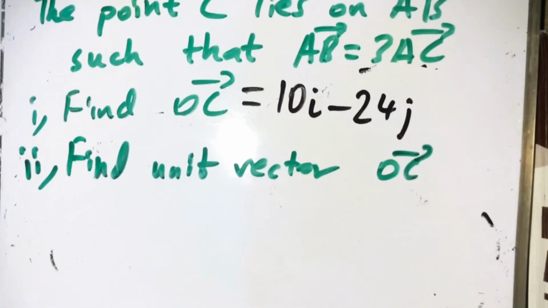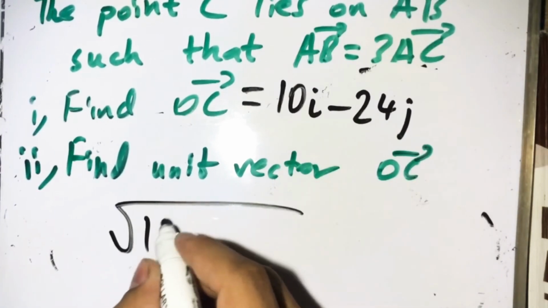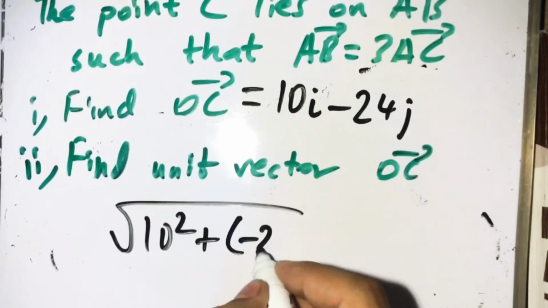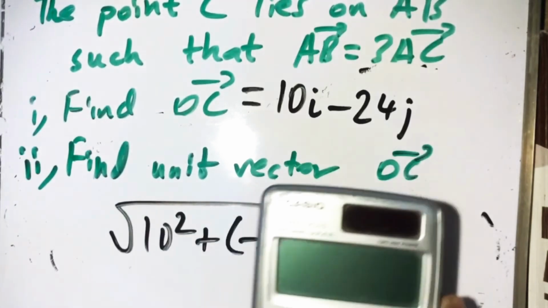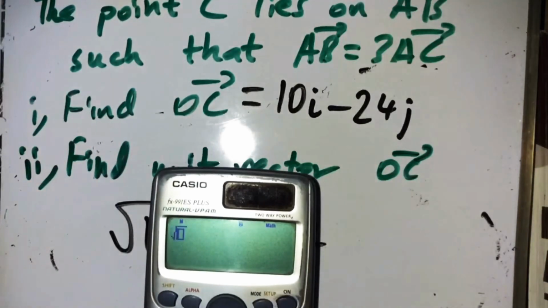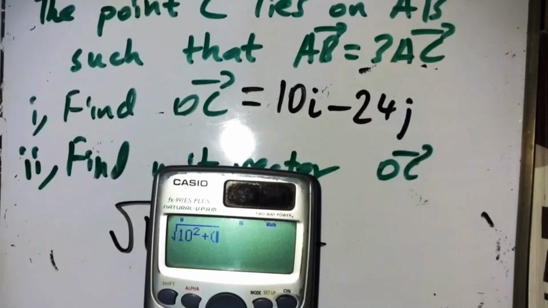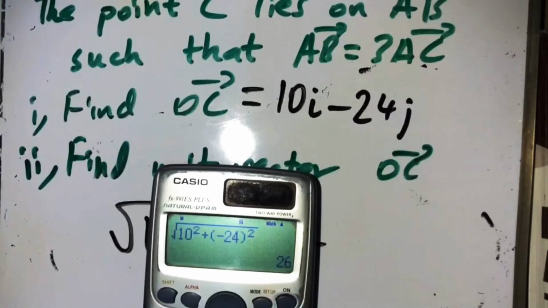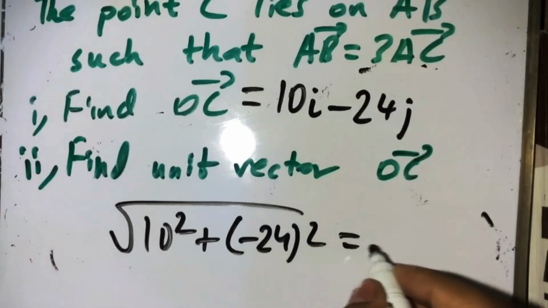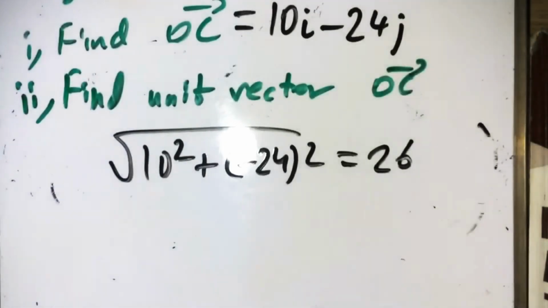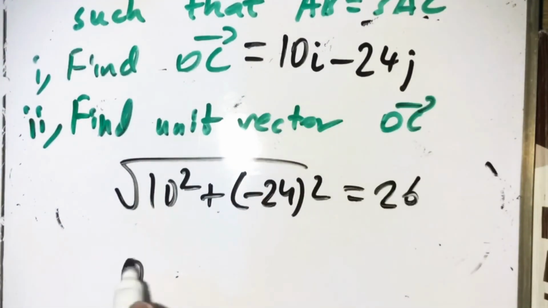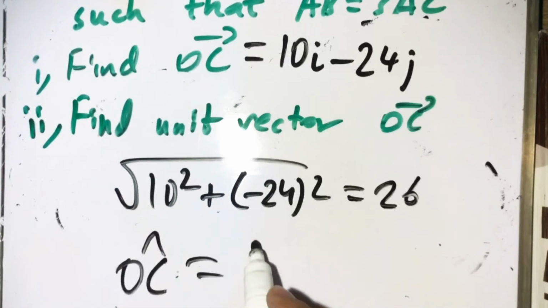Now for the magnitude of OC, we'll have the square root of 10 squared plus minus 24 squared. This is coming equals to 26. So now we'll divide the vector by the magnitude.